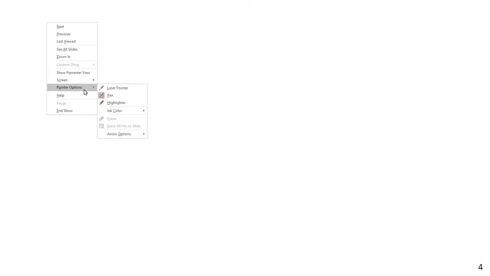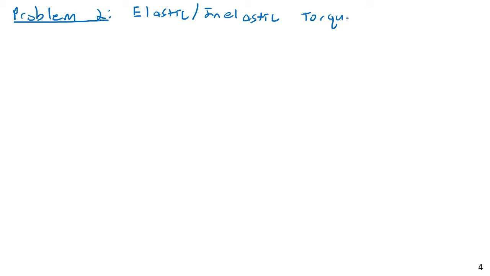So for problem 2, I'm going to look at a combination of elastic and inelastic torque on the same section. Problem 2: elastic/inelastic torque.